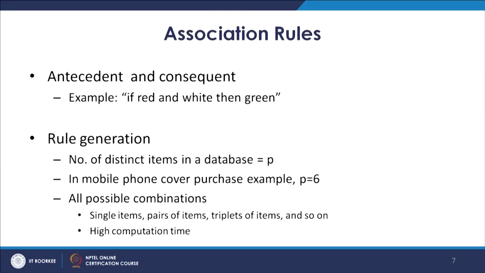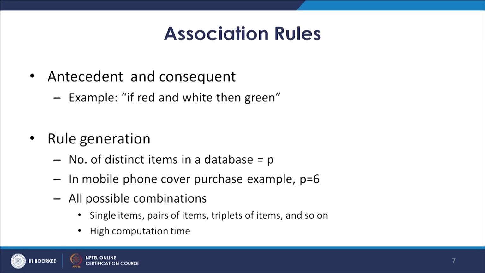Once we know the number of distinct items in the database, we need to find out all possible combinations. Just in this example, the mobile phone cover purchase example, there are 6 distinct items. We need to examine single items, pairs of items, triplets of items, and so on.